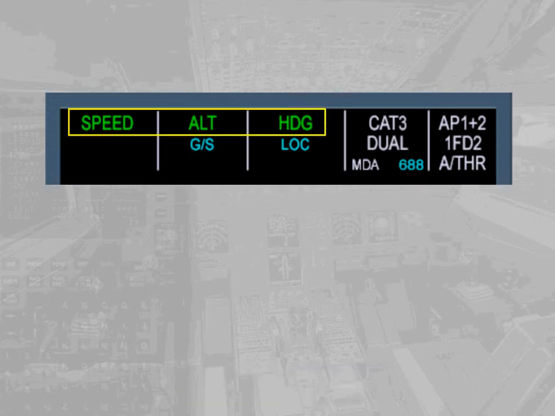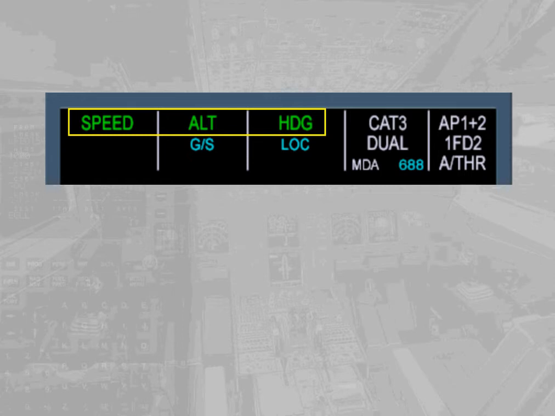The first line shows the engaged modes to the flight guidance system. In our example, the speed mode is engaged for the autothrust. This means that the autothrust will manage the thrust to track the target speed. The altitude, ALT mode, is engaged for the vertical mode.